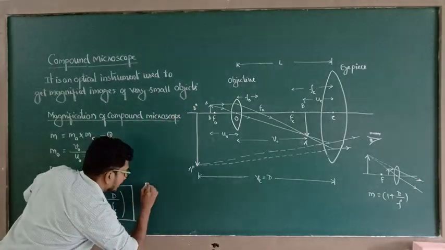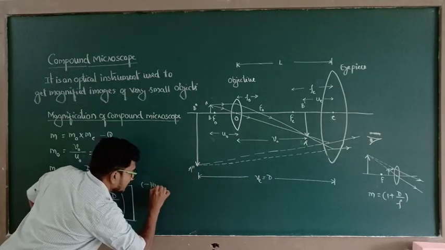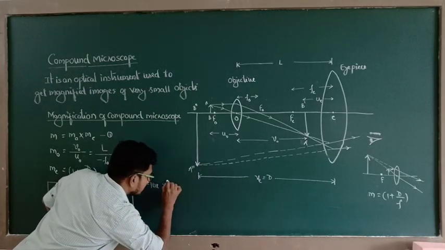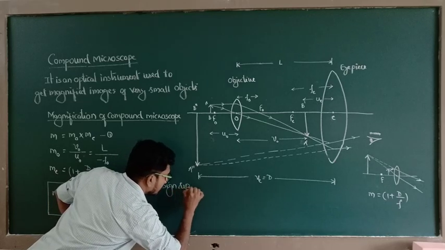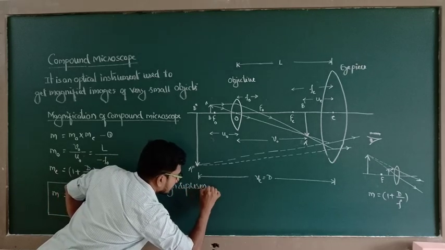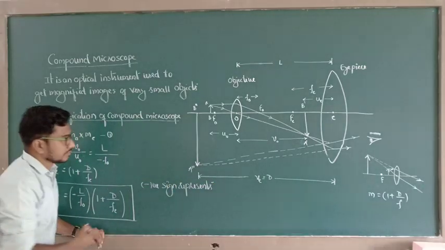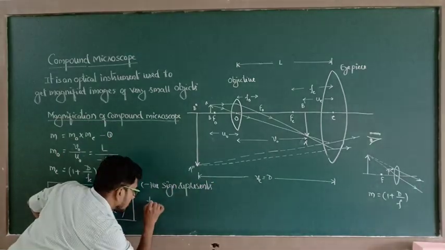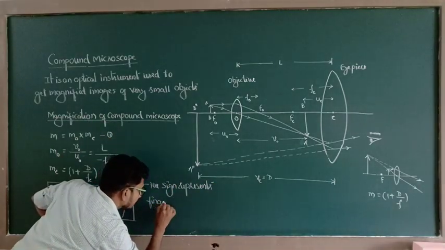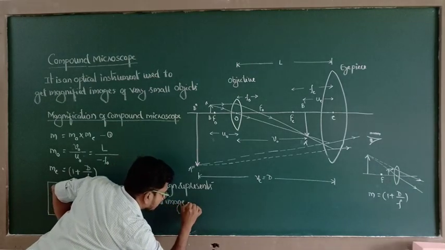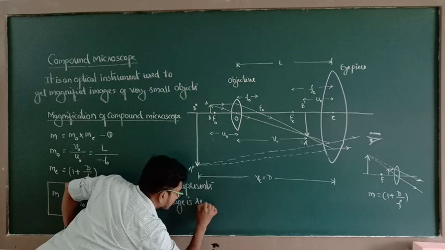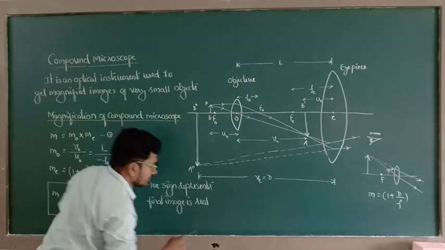So if you want, you can write here: negative sign represents final image is real and inverted.